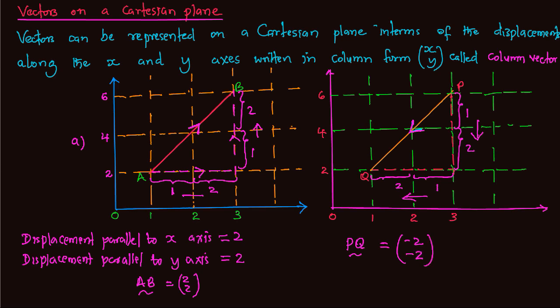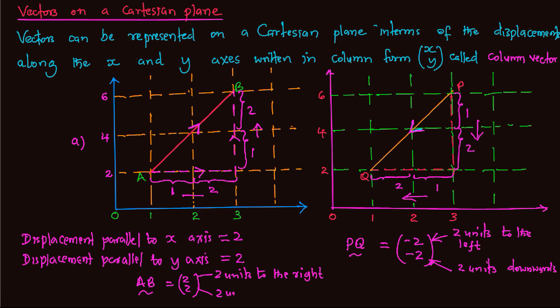Negative because for the case of x, it is 2 units to the left, while in the case of y, it is 2 units downwards. This was 2 units to the right, and this was 2 units upwards.